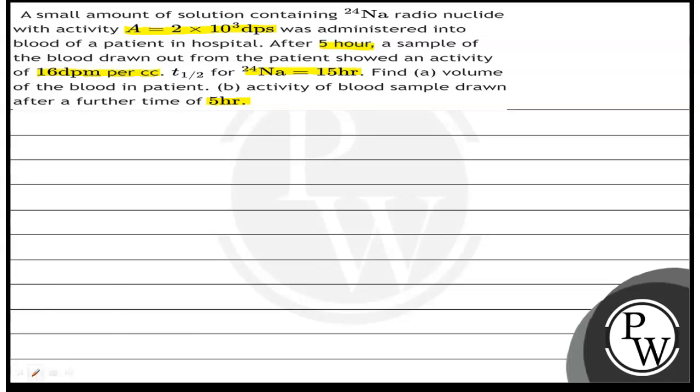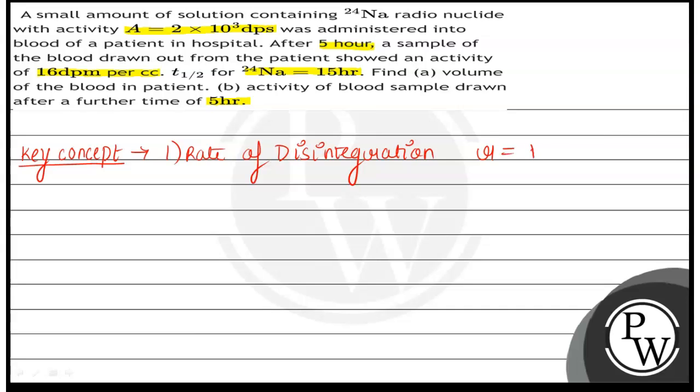So this is a difficult level question of nuclear chemistry. Let's first understand the key concept, then the meaning of the question, to solve this question. The first key concept is that the rate of disintegration is given by the formula R = λN.